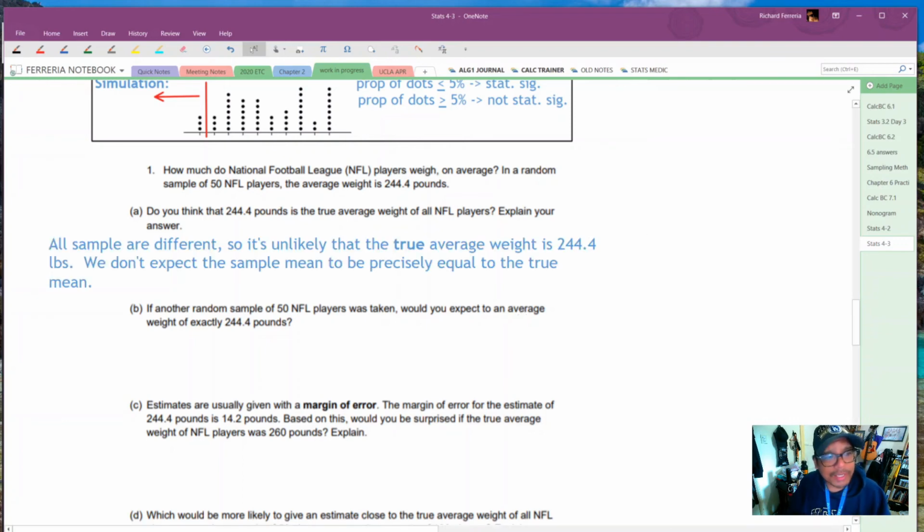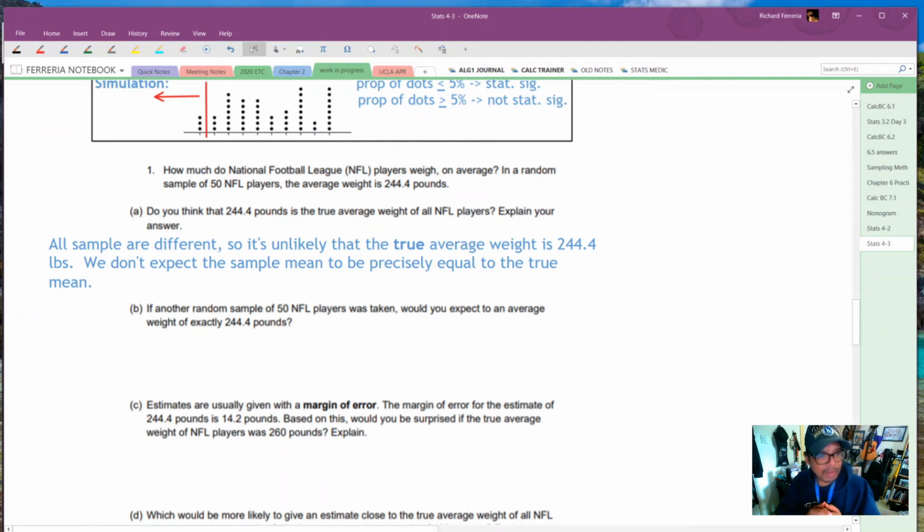Well, taking sampling variability to heart, all samples are different. So it's unlikely that the true weight of NFL players is exactly 244 pounds. We never expect the sample mean to be precisely equal to the true mean. But under most circumstances, we expect it to be close to the true mean.